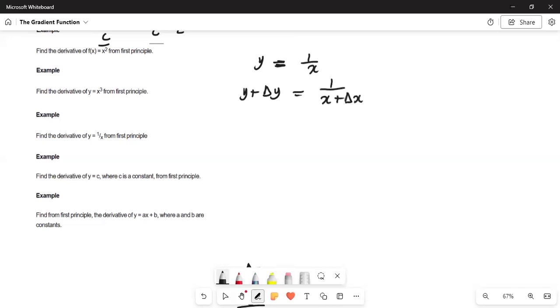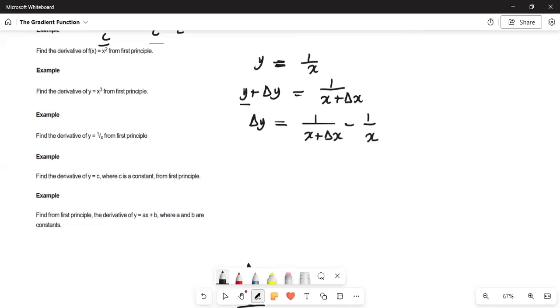Now, making delta y the subject of this equation, delta y will be 1 over x plus delta x minus y. That is, I move this y across the equality and it becomes minus y here. But y is 1 over x, so instead of writing minus y, let's replace it with 1 over x. So minus 1 over x.